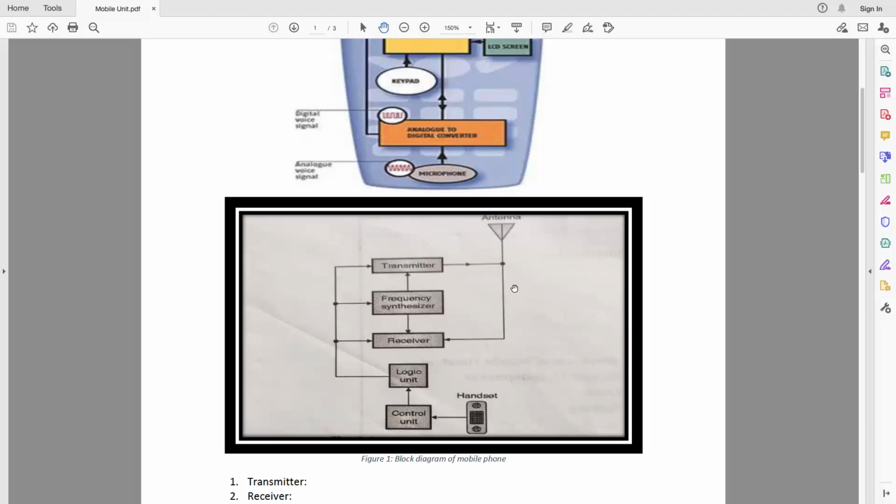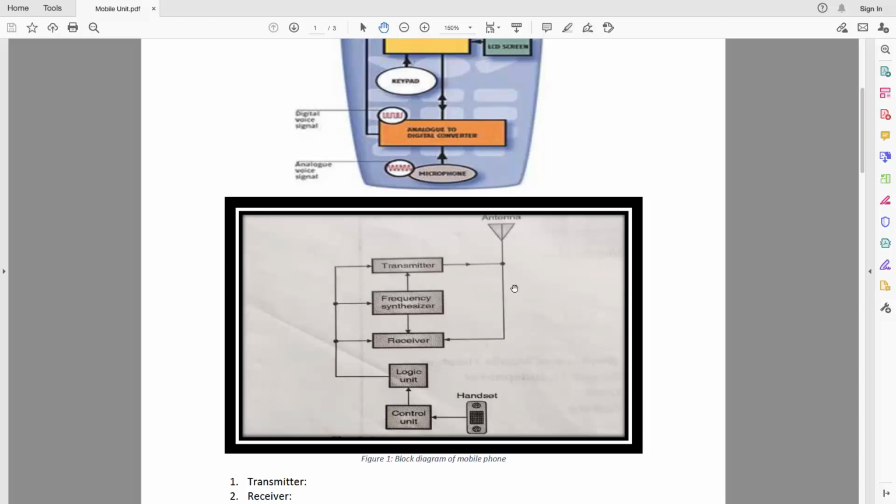So those two frequencies should be used by any particular mobile user. We know that in a particular area under a particular base station there are a lot of users, and therefore a lot of radio frequencies should be transmitted by a base station to the particular number of mobile stations.